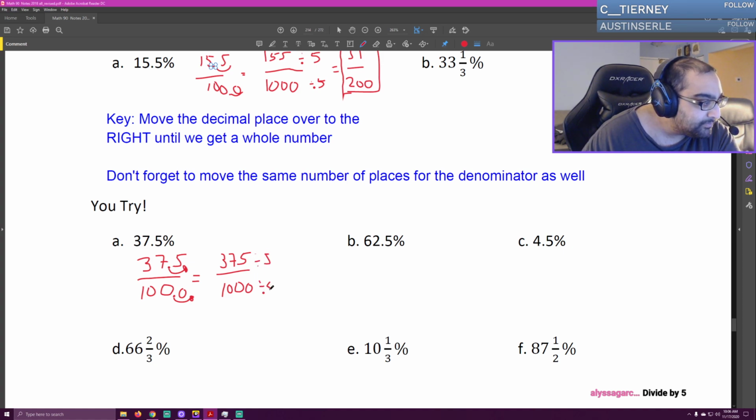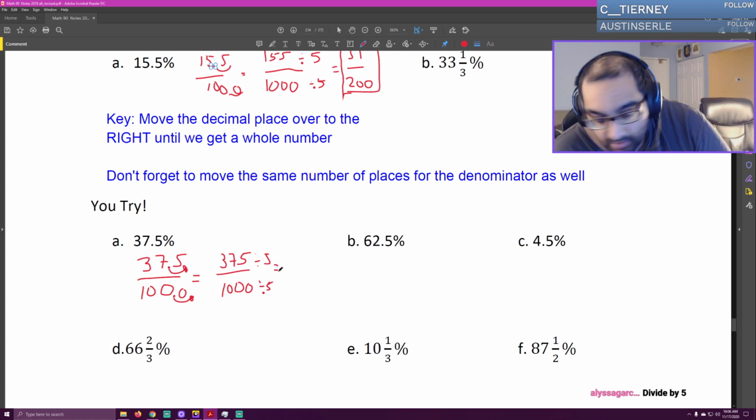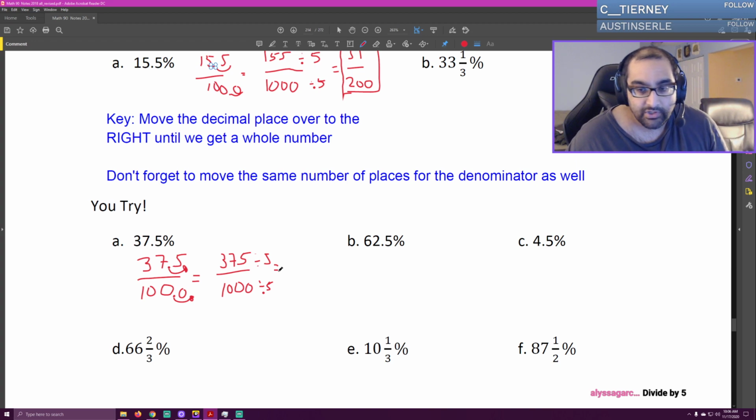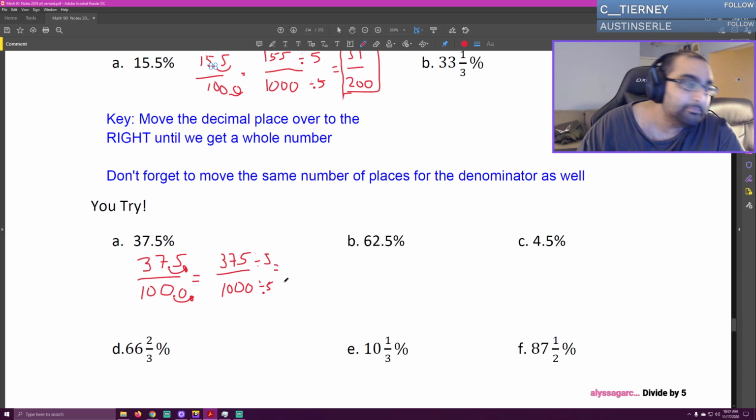All right. So first, let's do 375 divided by 5 here. Now, if you want to quickly do these, you can use a calculator if you like. That's perfectly fine. So what's 375 divided by 5? What do we get there?